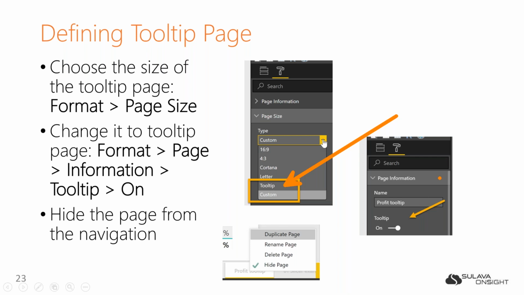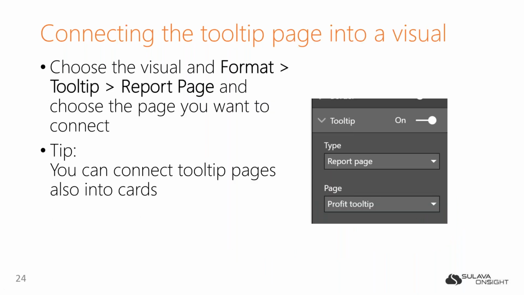Then you also need to tell from the page information in the format pane that the page will be a tooltip, and usually you want to hide the tooltip page from the navigation. Then you would go into that visual where you want to connect your tooltip and choose the visual, and from the format tab change the tooltip so that instead of the default tooltip, it uses a report page, and then you choose which tooltip to use. So let's take a look at it.